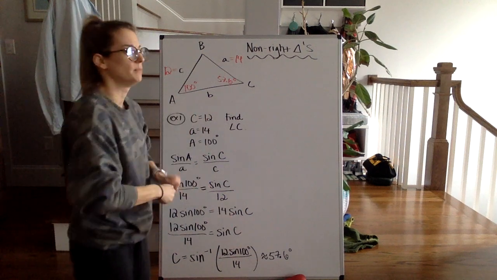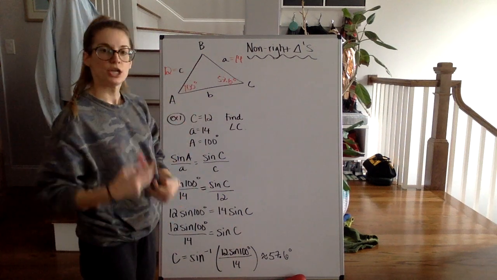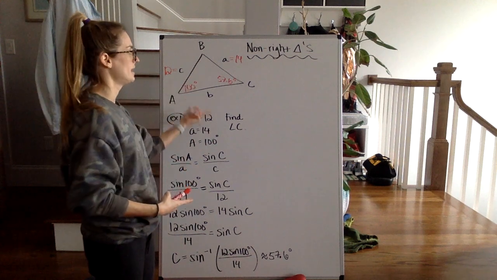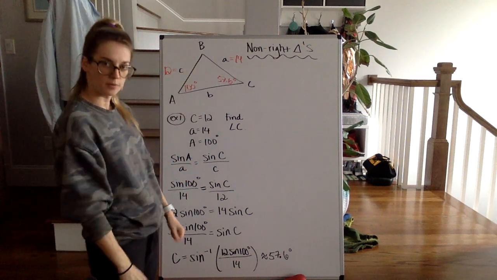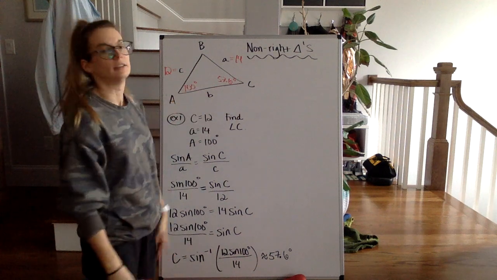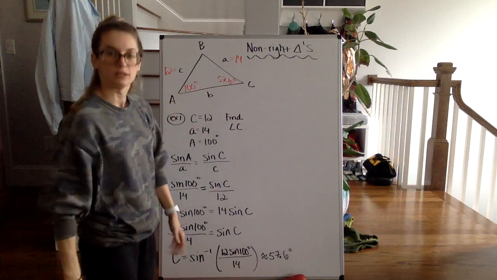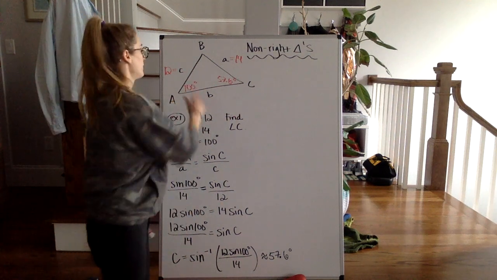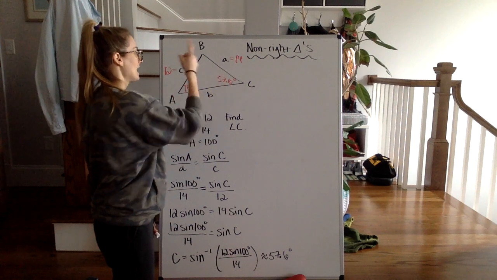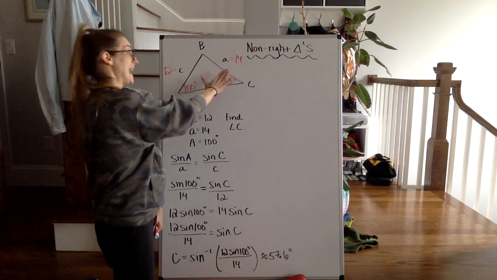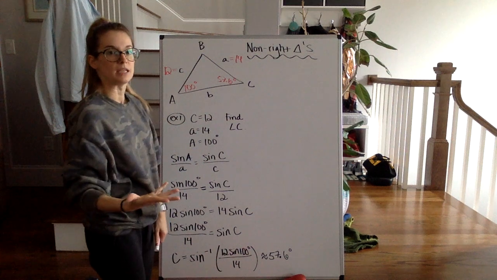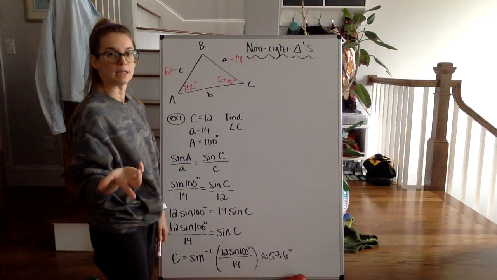Right? And this is the point where you might go, well, how do I find two letters of information that match each other if I don't have the other one? Well, don't forget, this is a triangle, and there are 180 degrees in a triangle, right? So if we already know angle A and angle C, we can get angle B just by subtracting from 180, right?